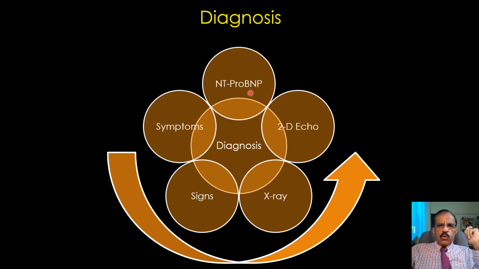NT-proBNP is useful to differentiate between heart failure and other causes of dyspnea. So this is how we proceed in a patient with heart failure. Diagnosis wise, we are going to take up all these topics one by one and discuss them in some more detail.